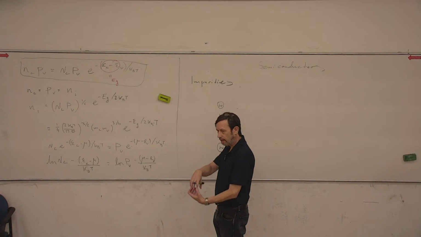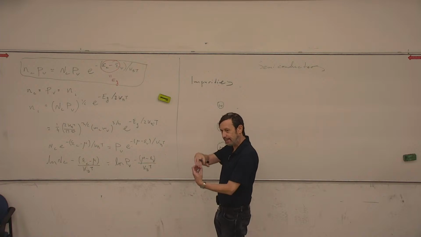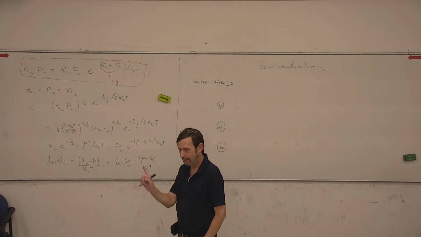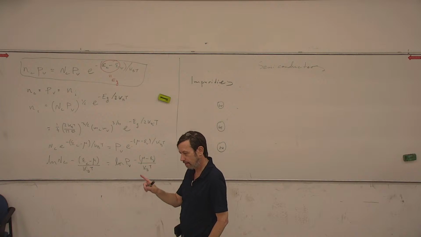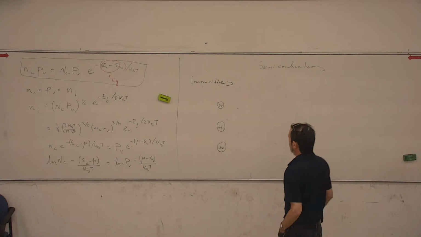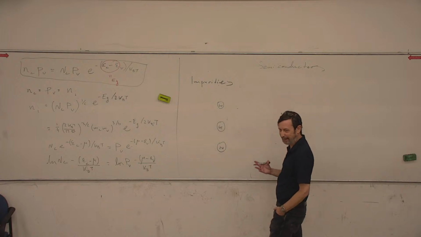A diamond structure is an FCC which has a basis, which is another FCC at some offset. But I can't plot you even an FCC, so certainly I can't plot you a diamond here.